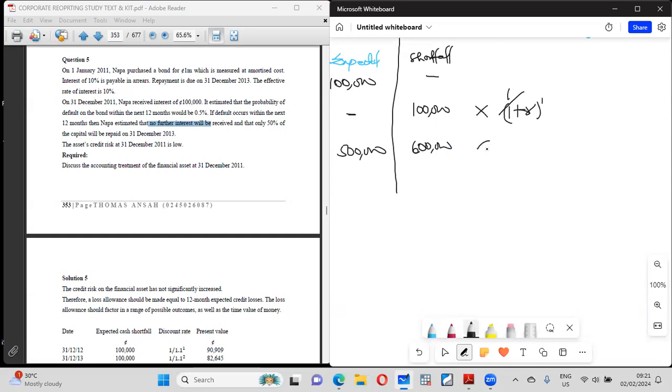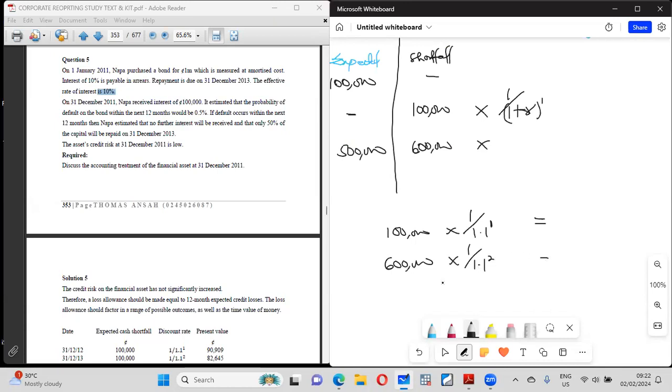Then this one will be multiplied by 1 over 1 plus r raised to the power 2. The effective rate we use is 10%. So we will have 100,000 multiplied by 1 over 1.1 raised to the power 1. Then here we have 600,000 multiplied by 1 over 1.1 raised to the power 2.